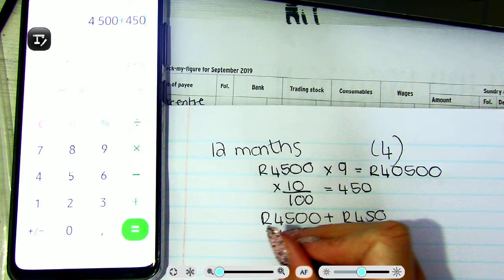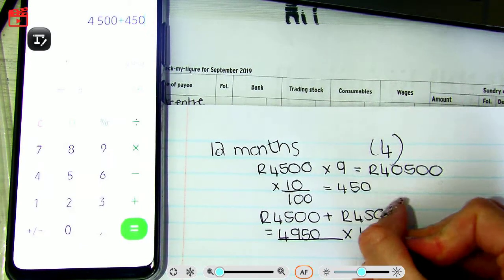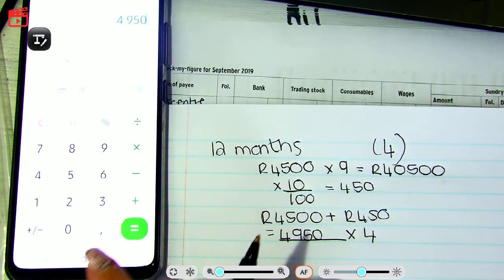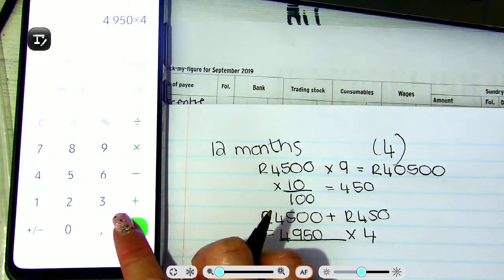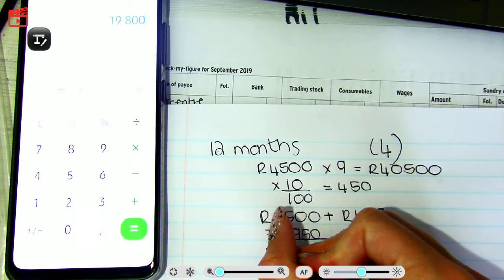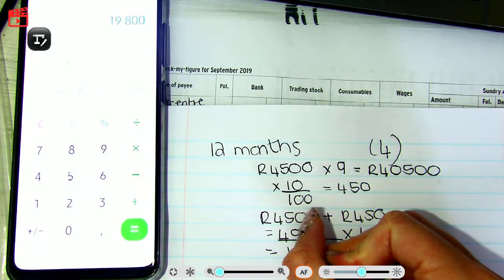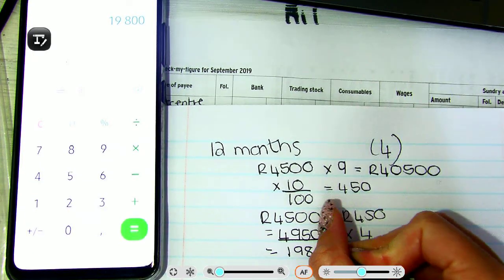Okay, and that was for 4 months. So 4,950 times 4. For the last 4 months, we paid 19,800.